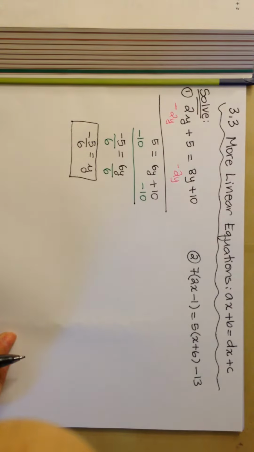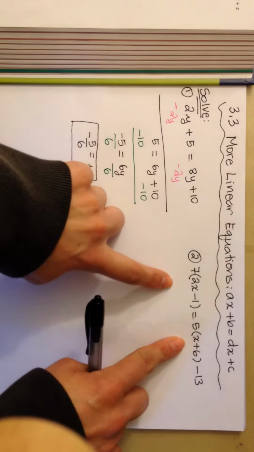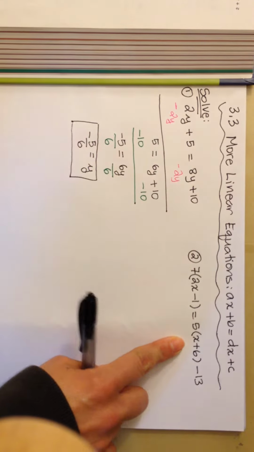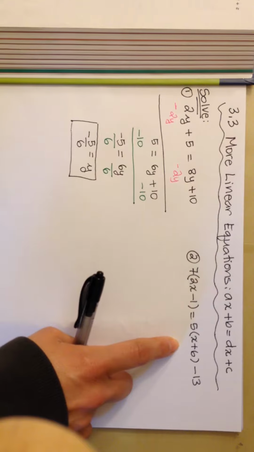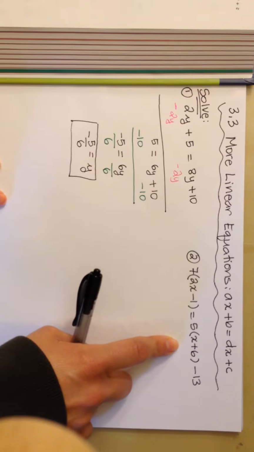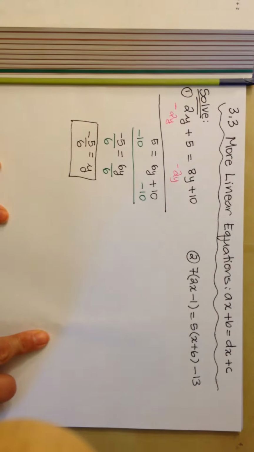Okay, next, example 2. This is an example where, again, you have the variable on both sides of the equation. We also have parentheses, which in this case implies that we need to use the distributive property. First step is use the distributive property.